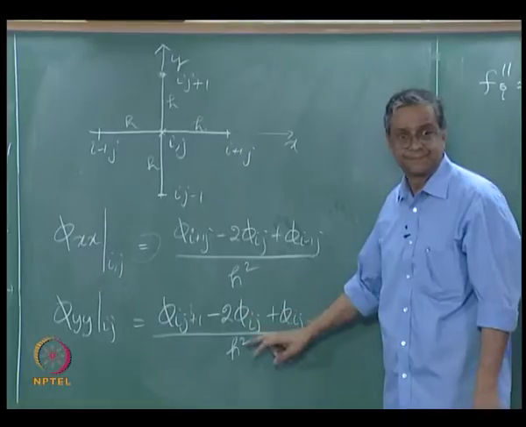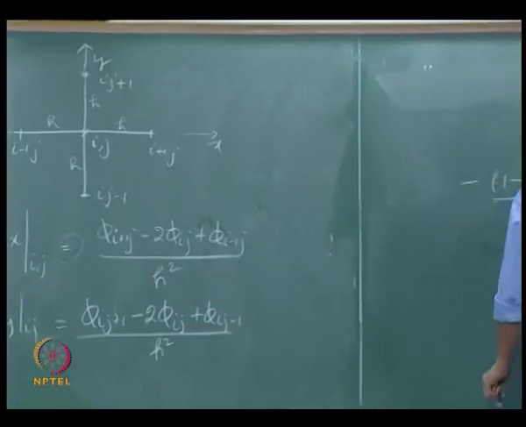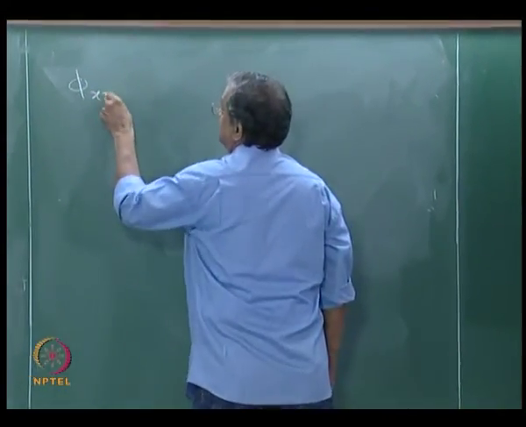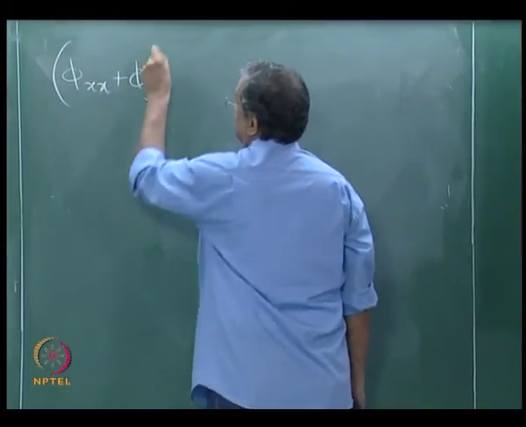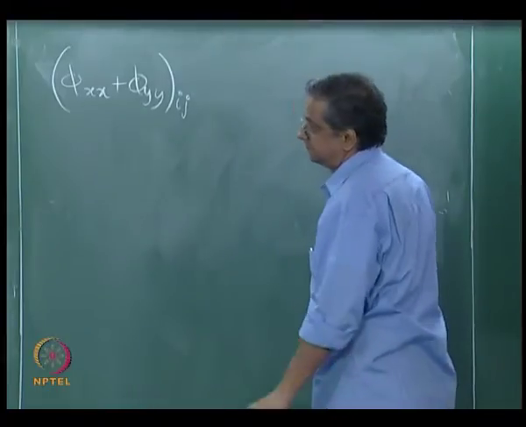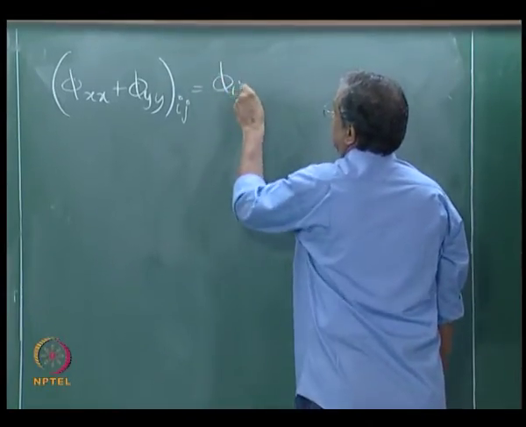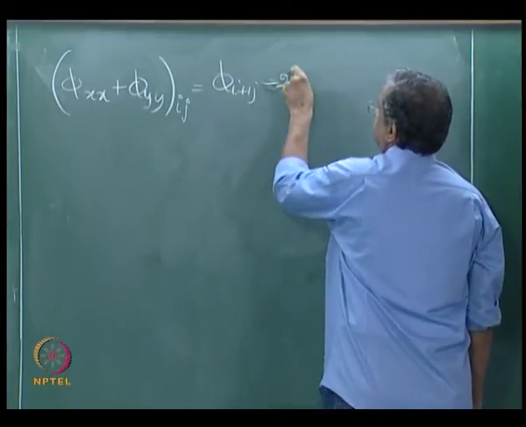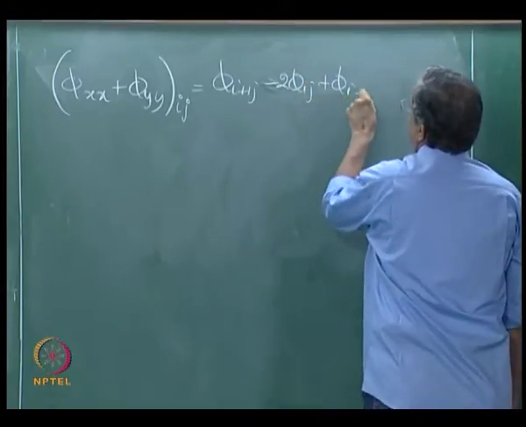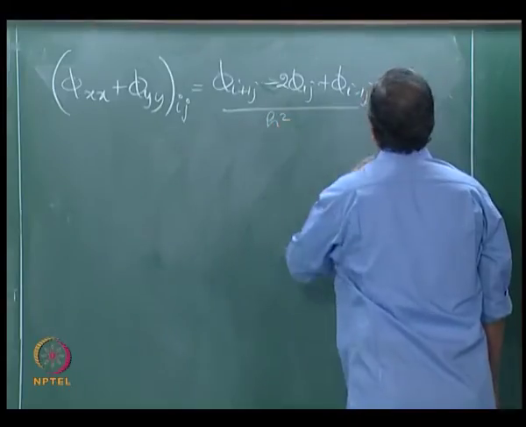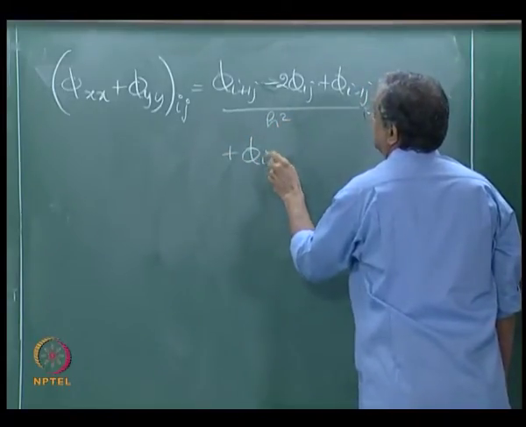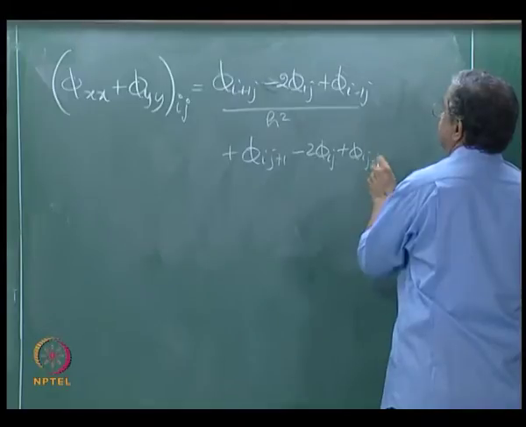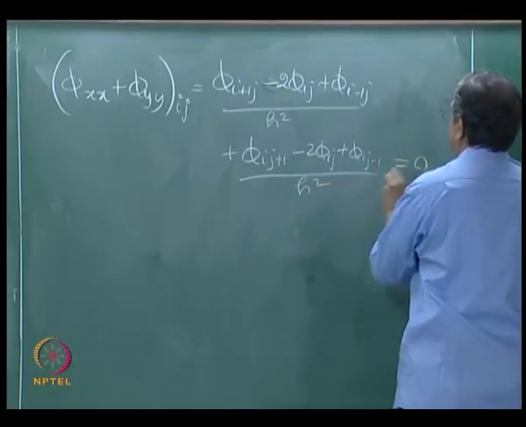I will add these two, okay, and I can actually represent Laplace's equation: phi xx plus phi yy at the point ij gives me phi i plus 1 j minus 2 phi ij plus phi i minus 1 j by h squared plus phi ij plus 1, not a big deal, minus 2 phi ij plus phi ij minus 1 by h squared, and this is supposed to be 0.